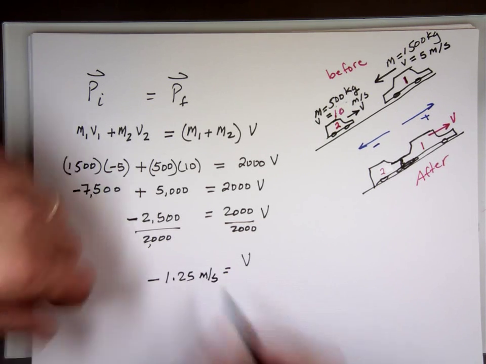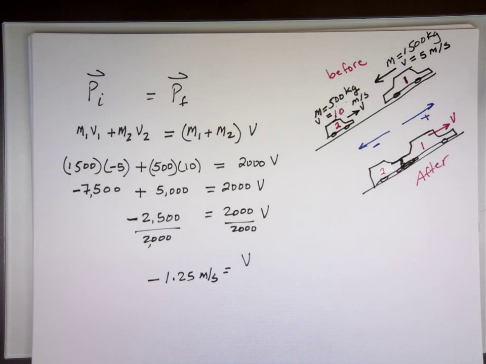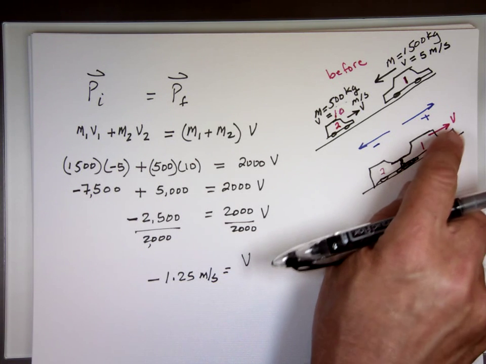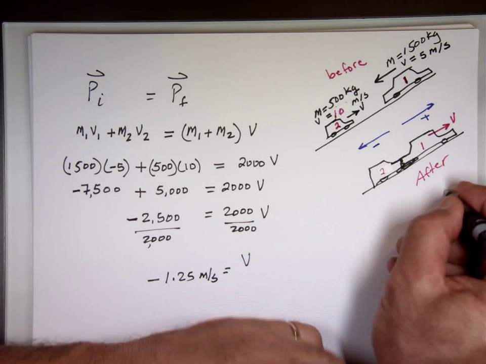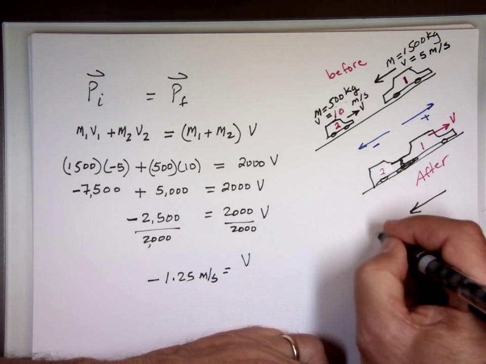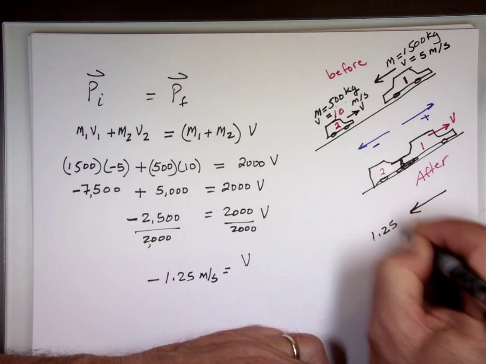Notice my velocity is negative, which means what? The direction I assumed, going upward, is wrong, it's going to be coming down. So the net velocity is still going to be down, with a value of 1.25 meters per second.